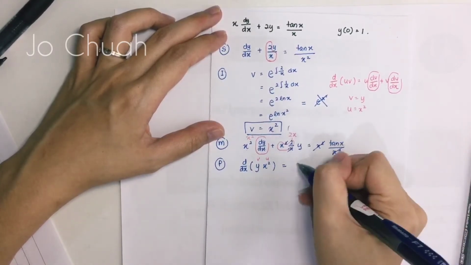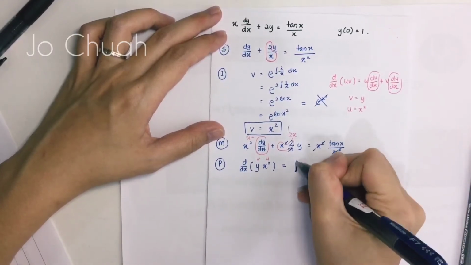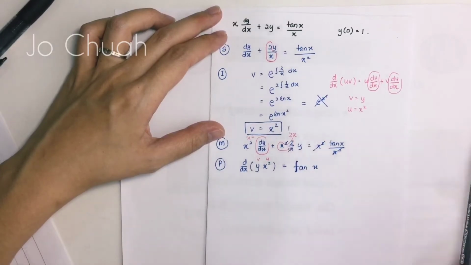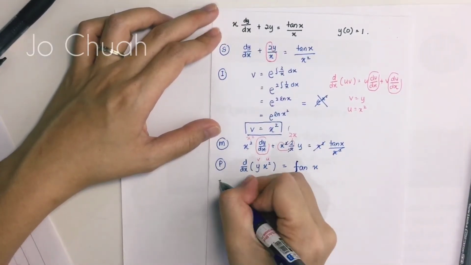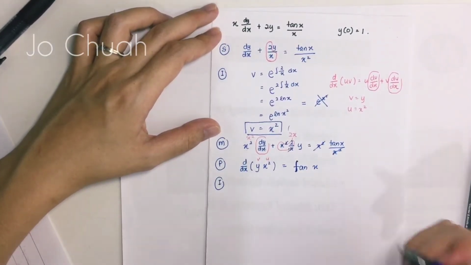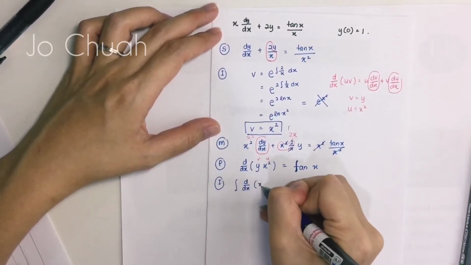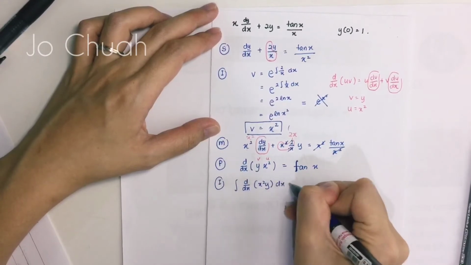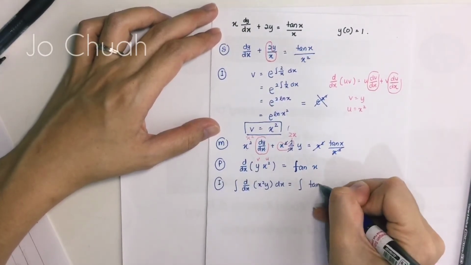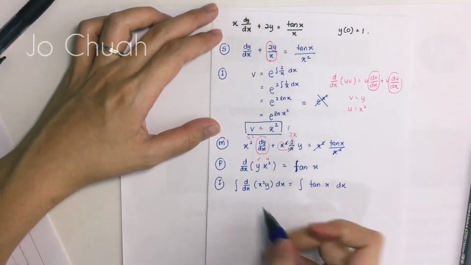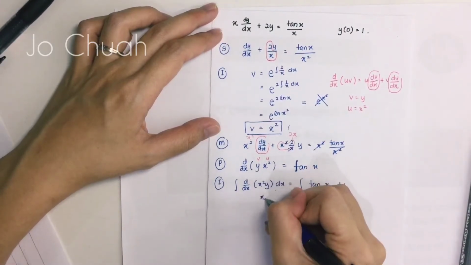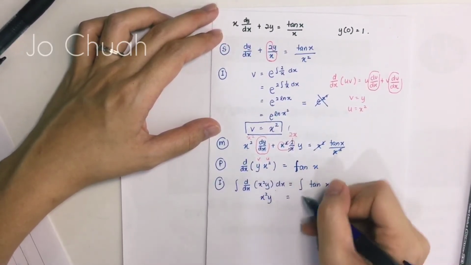So cancel, you're going to get tangent x, and that's it. Integrating them, alright? You're going to have integral of x squared y dx equals integral of tangent x dx, and this will cancel off. You only have x squared y.